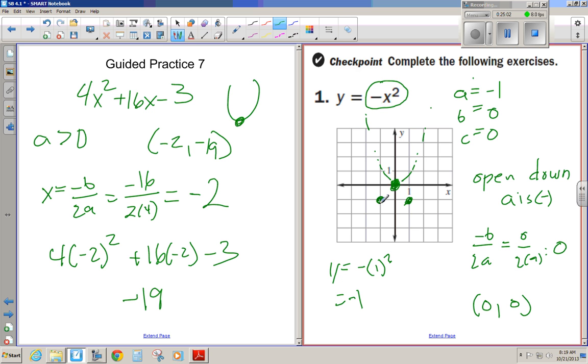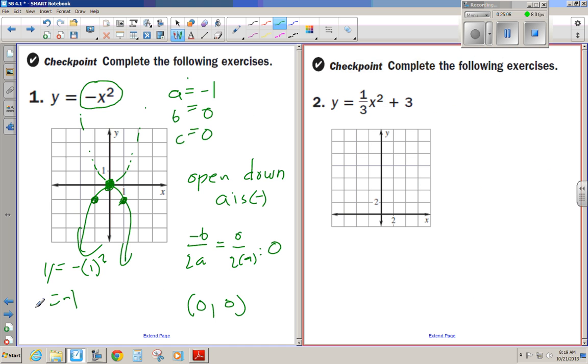Graph looks like that. This one's a little bit tougher. A is 1/3, B is 0 again, C is 3. Now if we were just looking at this, we would know that it just shifts up and is wider. But let's actually graph it and see.